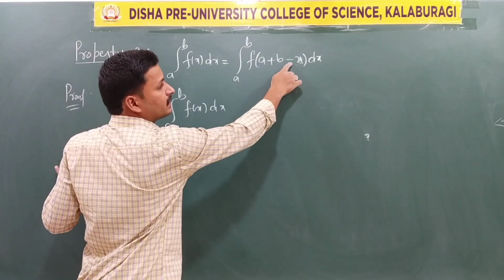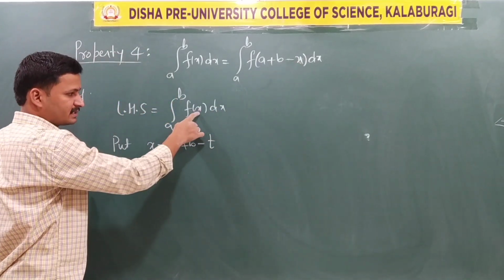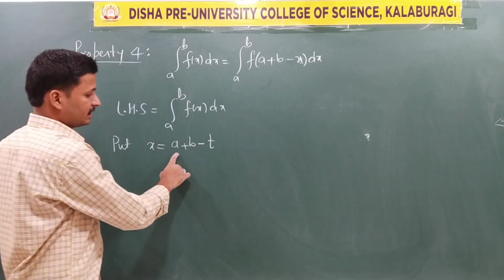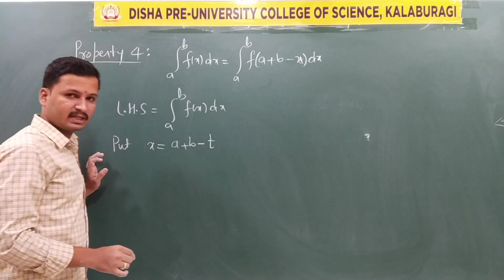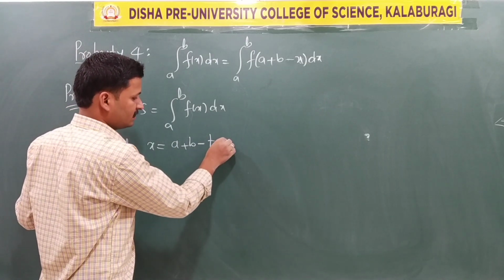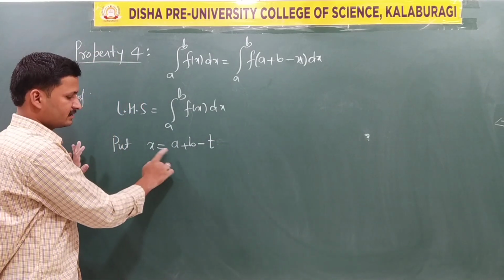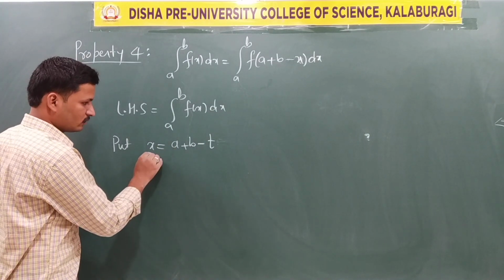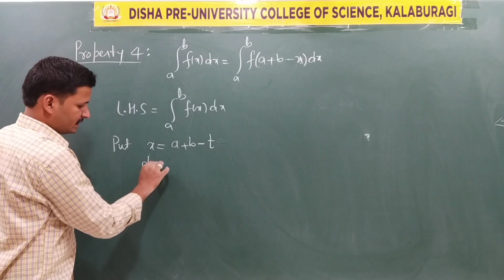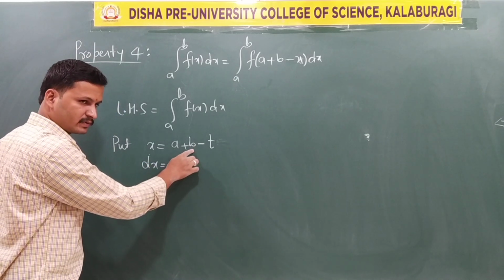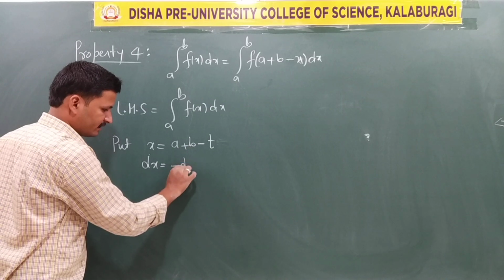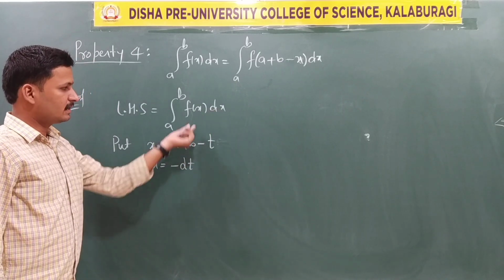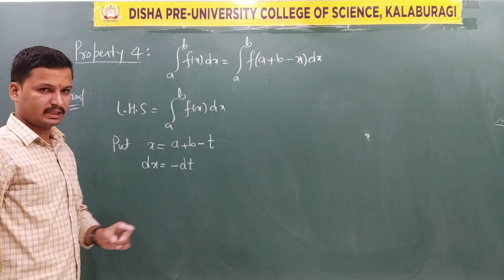Here a and b are numbers, t is a variable. Then differentiate x with respect to t. So now we get dx equals, a and b are constants, derivative is 0, minus derivative of t is dt. So dx is equal to minus dt and x is equal to a plus b minus t.